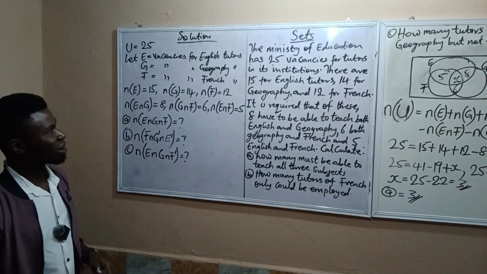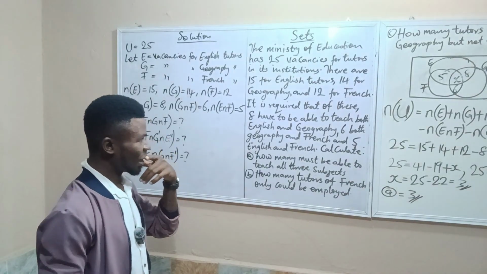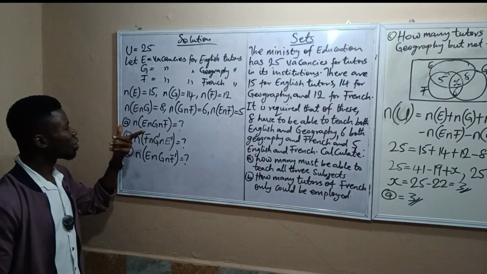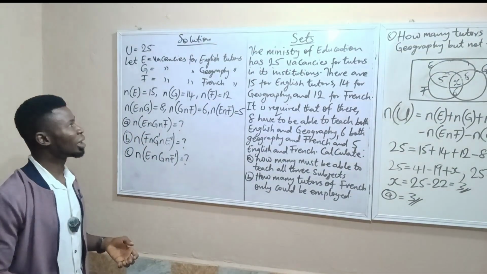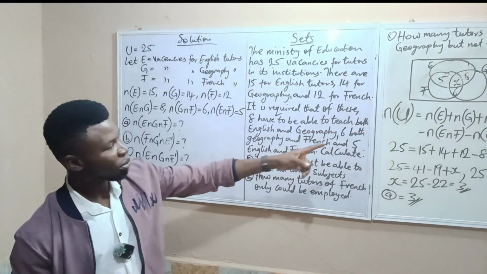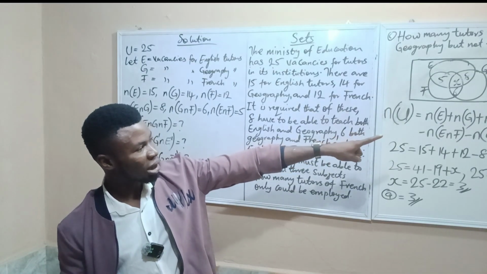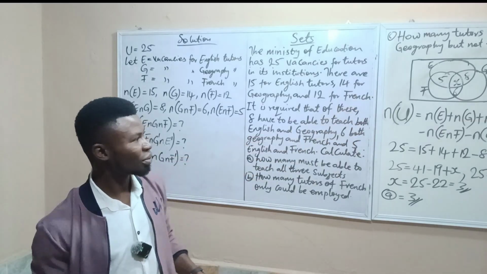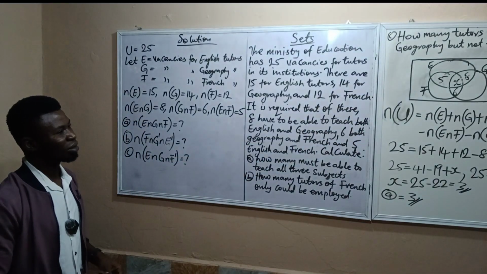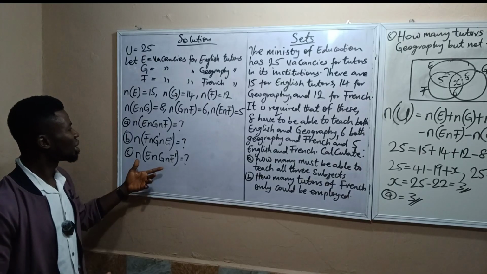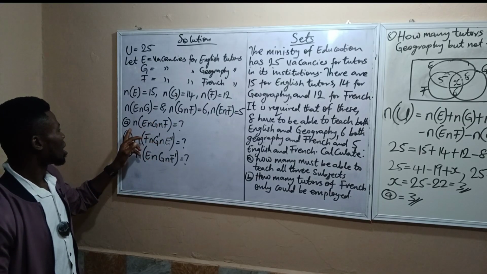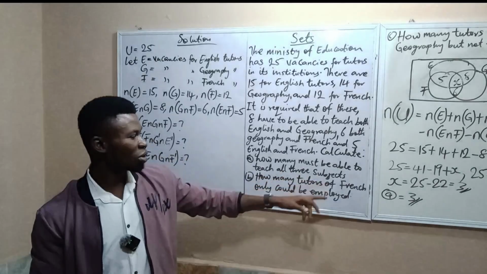Now, the first thing when dealing with sets and Venn diagrams is to be able to figure out the exact data. Once you figure it out correctly, and you know the formula that the universal set is equal to that, which is for three sets, the problem is solved. From there, you can handle the rest. But it's just for you to be able to figure out the exact data, what they mean. Like for this one, they said how many must be able to teach all the three subjects.